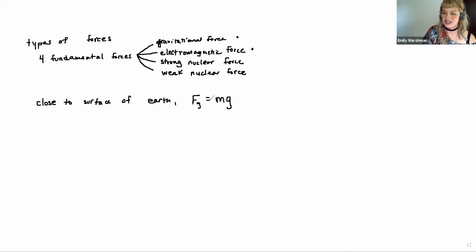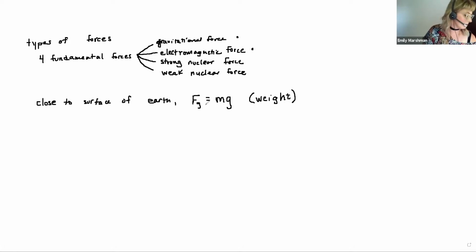Another way to name the gravitational force, it's the same thing as an object's weight. So when you talk about something's weight, you're actually describing how much force is on that object due to the Earth's gravitation.